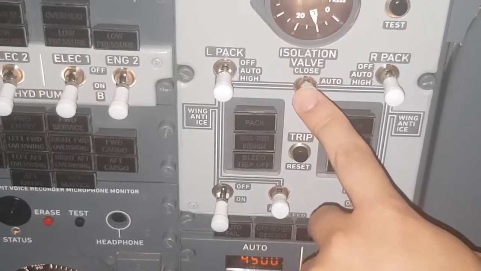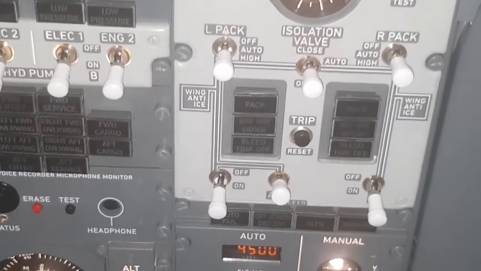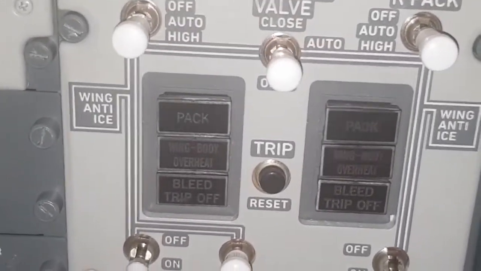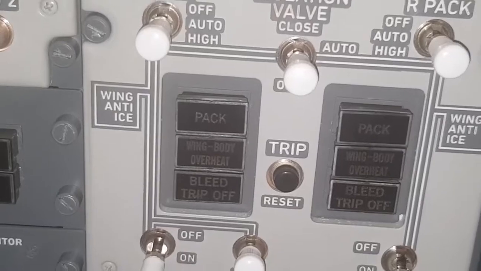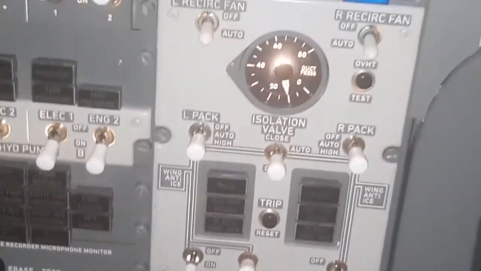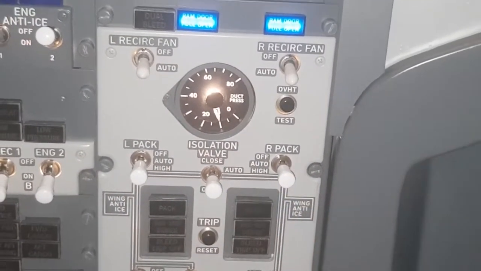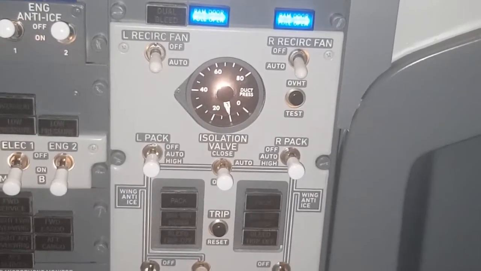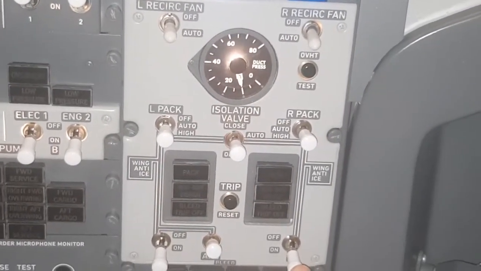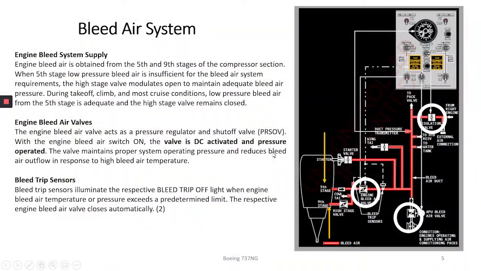The normal position for the isolation valve is auto, right here. With this switch in auto, the isolation valve can be open or closed. With the pack switches in auto or high, and the engine bleed air switches in on, the isolation valve is closed. Okay, so that's the explanation about the isolation valve.